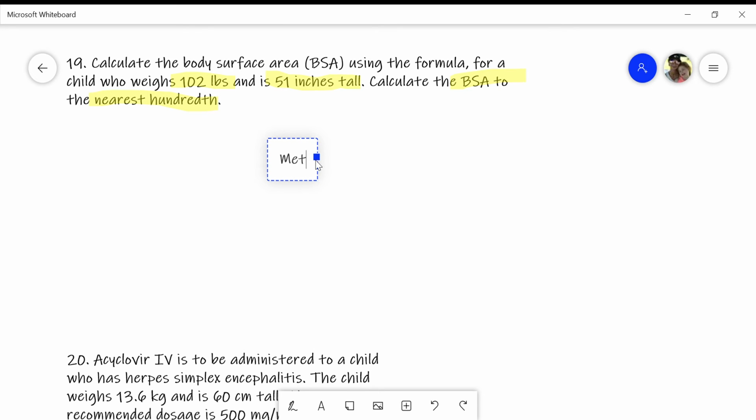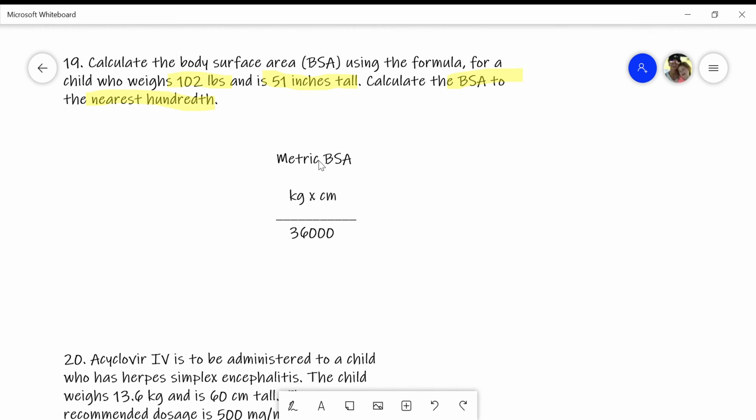So for your metric BSA, let's see if I can do this. Your metric BSA is going to be your kilograms times your centimeters divided by 3,600.